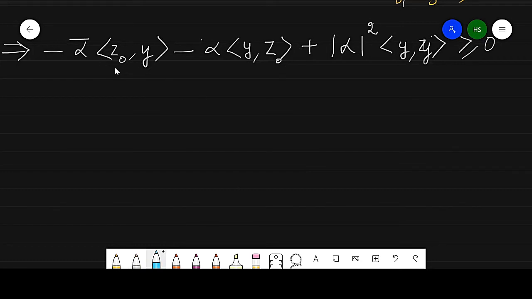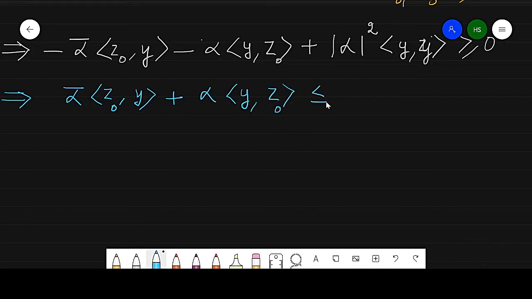If the negative terms are taken to the other side, it implies alpha conjugate z0 comma y plus alpha into y comma z0 is less than or equal to the absolute value of alpha raised to power 2 into the norm of y whole square. This is the inner product of y comma y, which is the norm of y whole square.